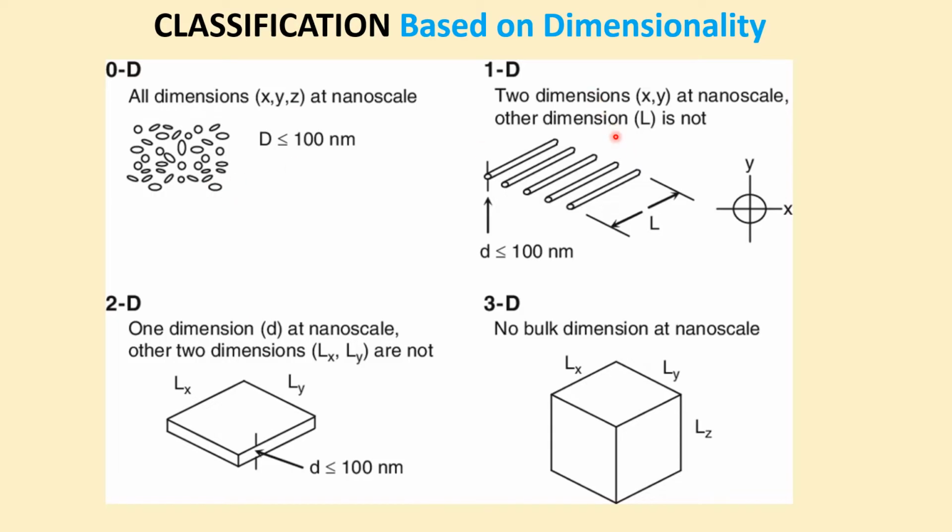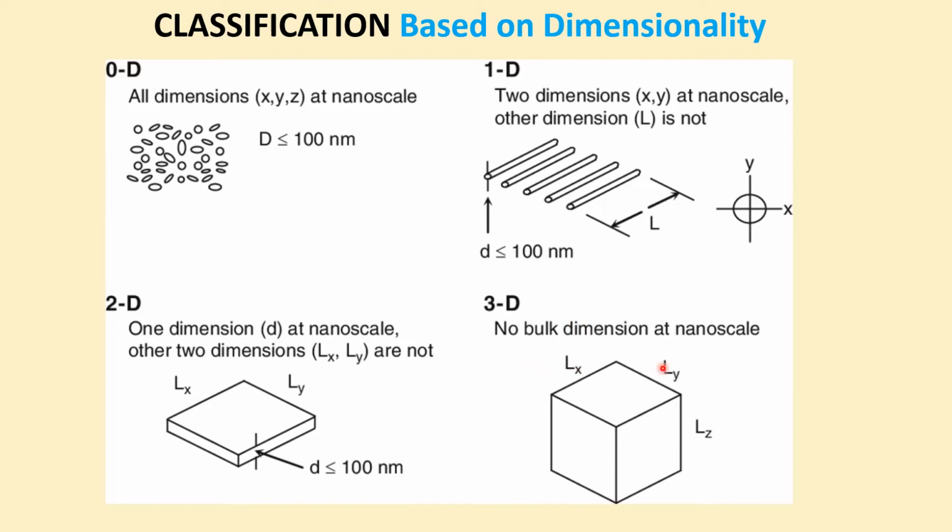And in 1 dimension, 2 dimensions are at nanoscale, and 1 dimension, this length, is not. So these are known as the 1 dimension material, and electron can move freely in one direction. In 2 dimension case, this is like a layer structure, only thickness d is in nanometer range, less than 100 nanometer, and the other 2 dimensions lx and ly are not in nanometer range, and electrons are free to move in these two directions.